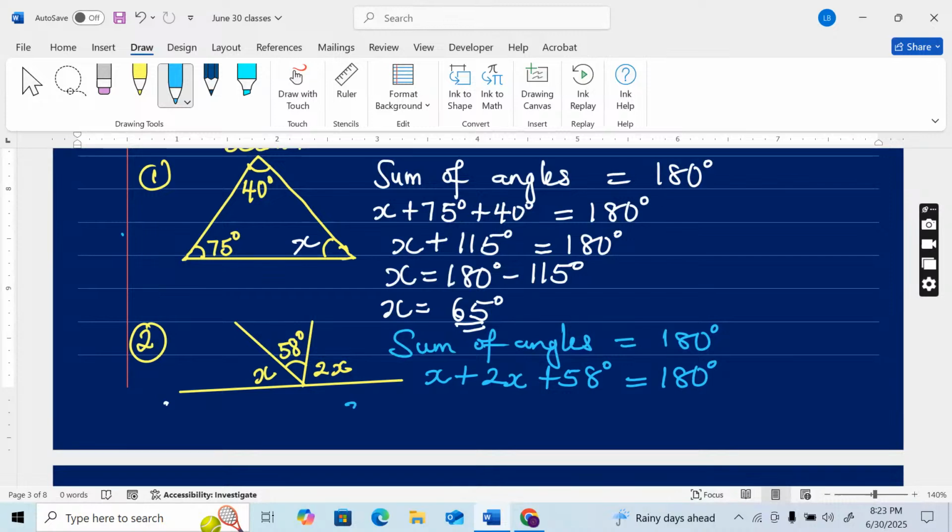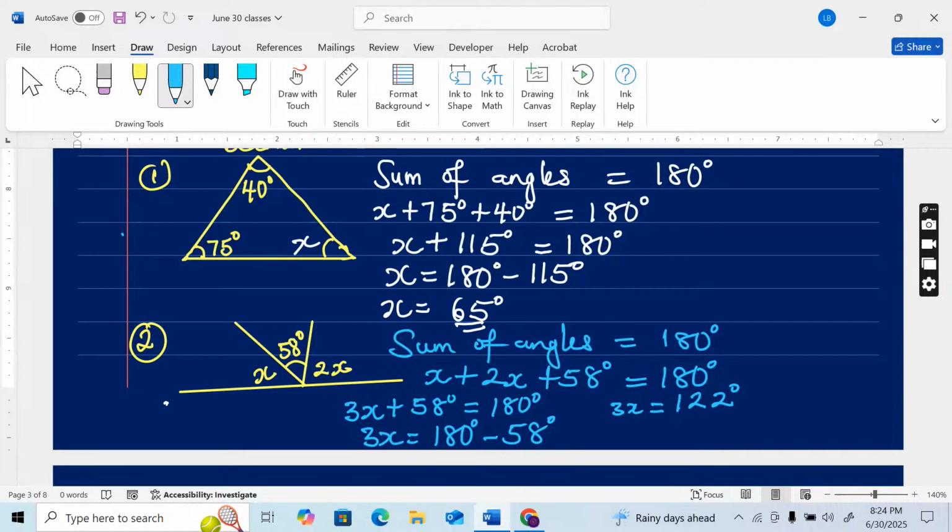X plus 2x is 3x. 3x plus 58 degrees will be equal to 180 degrees. So we subtract 58 degrees from both sides. That would be 3x is equal to 180 degrees minus 58 degrees. So 3x will be equal to 122 degrees.